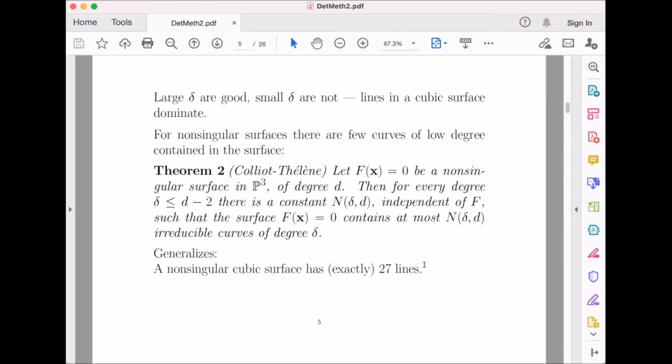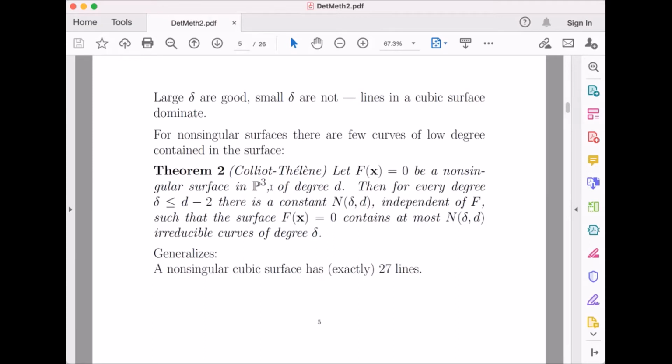So you might ask, well, how many lines does a non-singular quartic surface have? Does it have a bounded number of quadric curves in it, etc.? So here's the theorem. You have a non-singular surface in P3 of degree D.